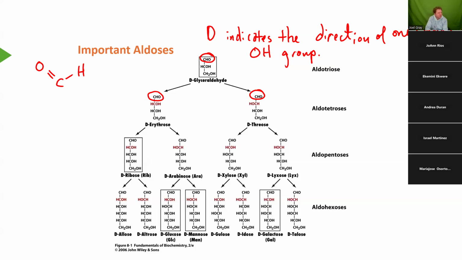Now, their highest numbered carbon, in this case, it's number 3. In these two, it's number 4. These, it's number 5. And then in the bottom ones, it's number 6. So my next question is, does the highest numbered carbon, so C1, all identical?